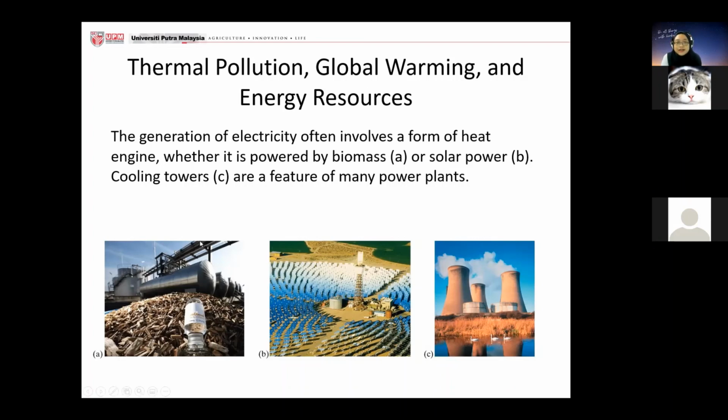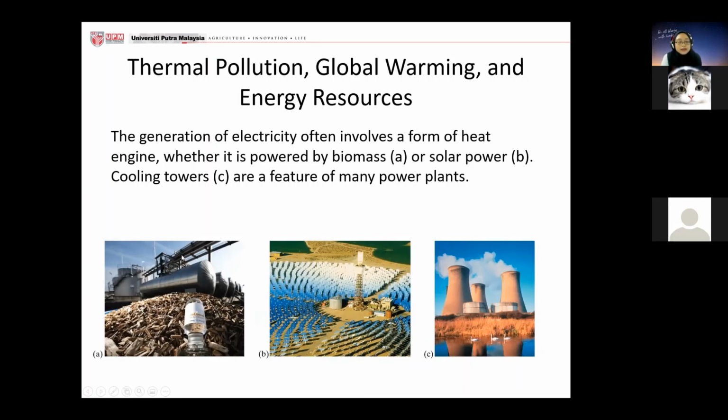Another thing as well. If you look at current electricity generation, even if it's using biomass, biomass is a renewable resource compared to fossil fuels, for example. And you look at solar power as well.